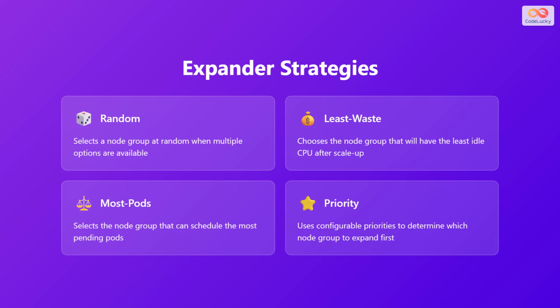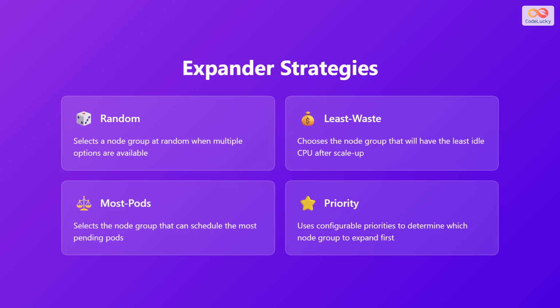When Cluster Autoscaler needs to add nodes, it uses expander strategies to decide which node group to scale. There are four main strategies. The random strategy simply selects a node group at random when multiple options are available. The least waste strategy is more intelligent and chooses the node group that will have the least idle CPU after the scale-up operation, helping you maximize resource utilization.